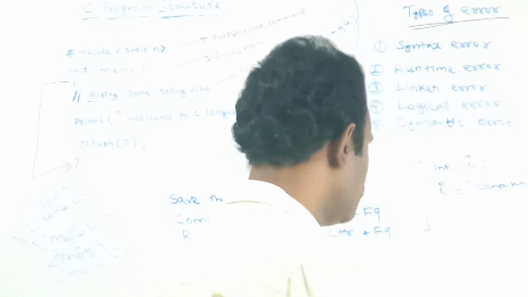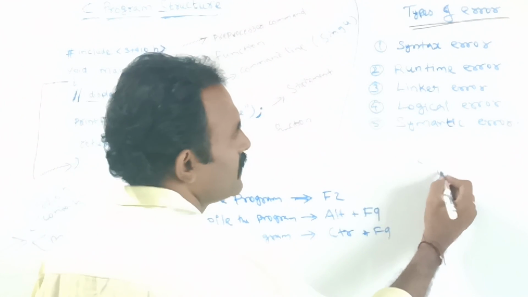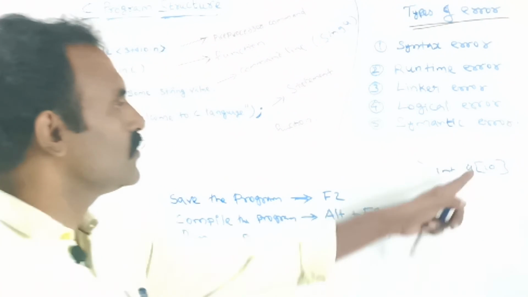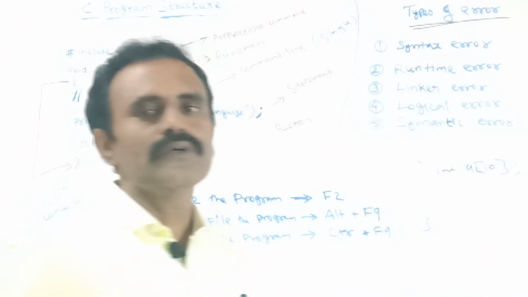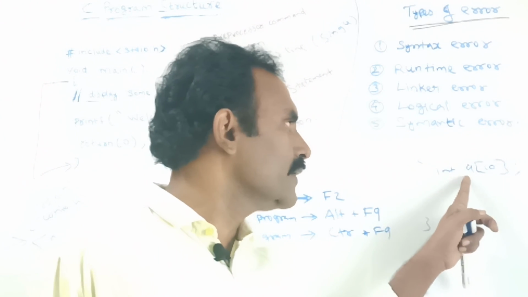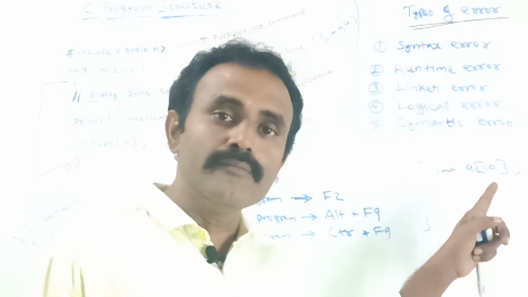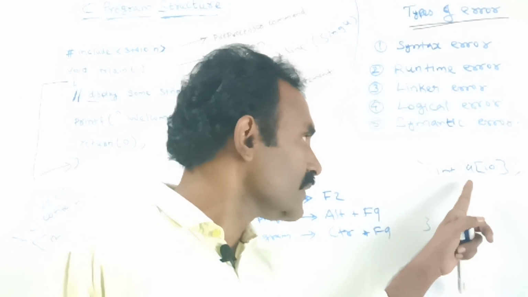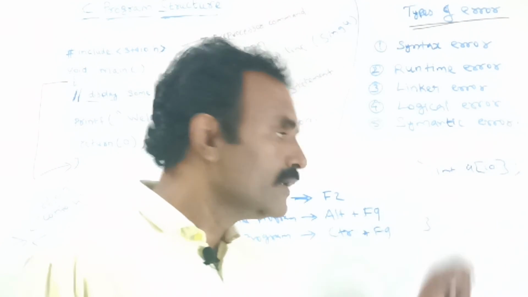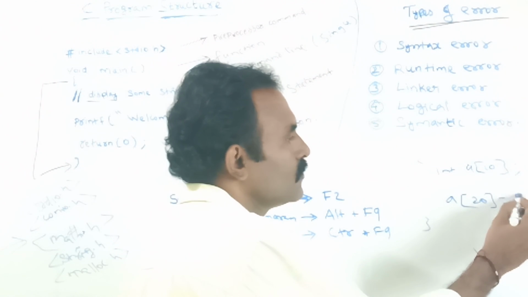And the next one: suppose you are declaring an array variable, here integer a of 10. Array means more than one value can be stored in a variable. In the variable a I have declared 10, that means totally 10 elements can be stored in the variable a. Suppose here you give a of 20 is equal to 2.